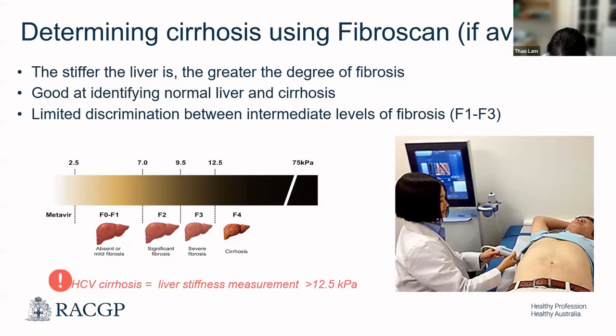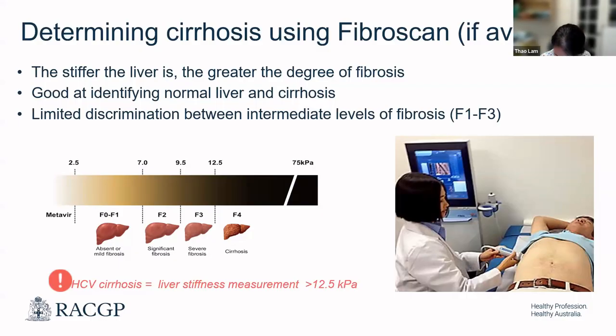Hence, when requesting a FibroScan, it's important to try and provide clinical information such as the liver tests, the platelet count, the ultrasound result, or any imaging result that you may have. FibroScan does fail in up to 20% of patients, particularly those with obesity, with a waist circumference of greater than 120 centimetres. It's technically very difficult to measure the liver stiffness in those patients, even with the XL probe.